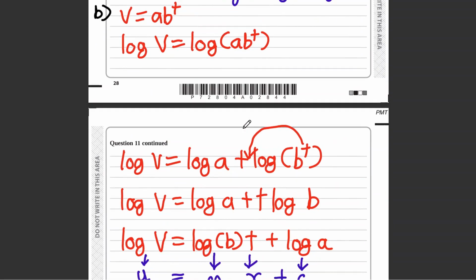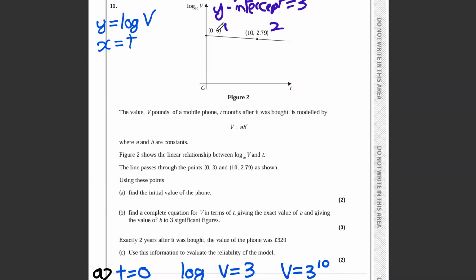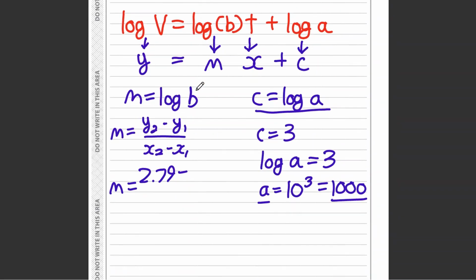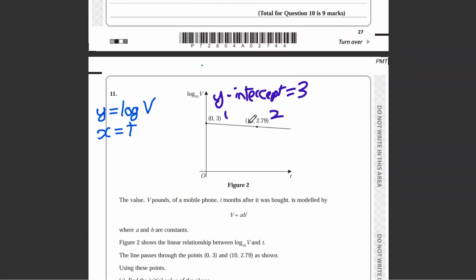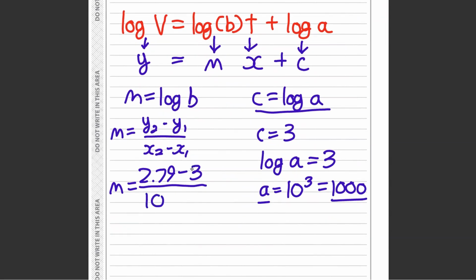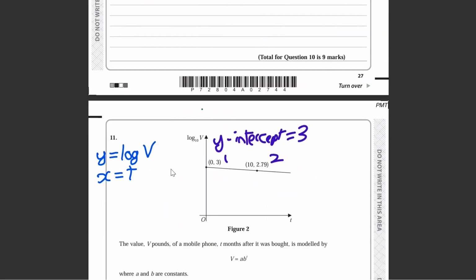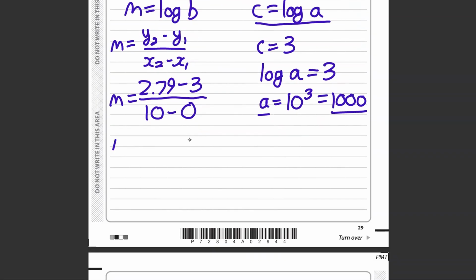So y2 is going to be 2.79 minus y1, which is going to be 3. And this is over x2, the x coordinate of the second point, which is 10, minus x1, which is 0.